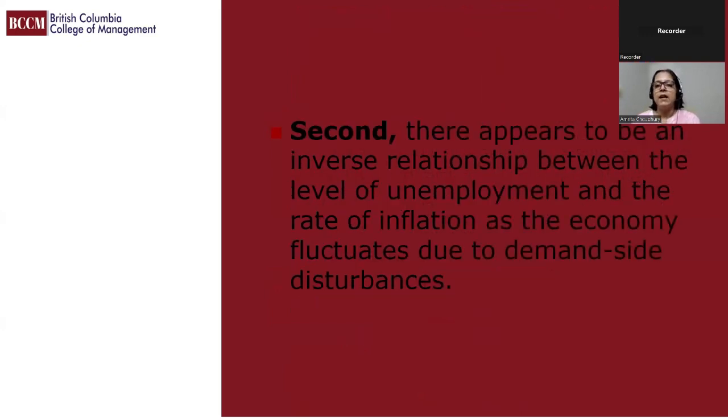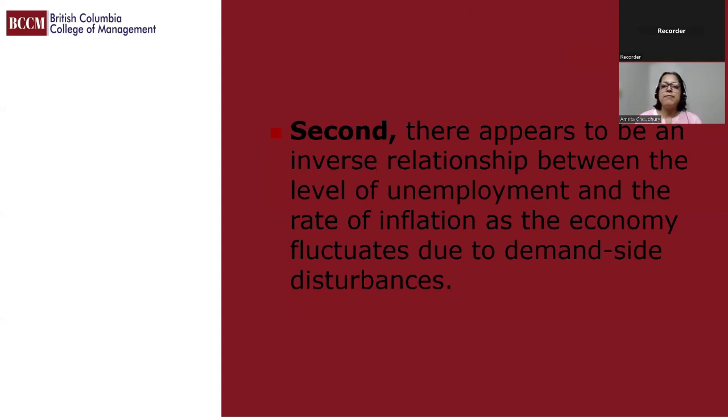Again, if we consider the other two indicators of macroeconomic performance, the level of unemployment and inflation, macroeconomists have found that these two parameters are negatively related. That is, there is an inverse relationship between the level of unemployment and the rate of inflation.